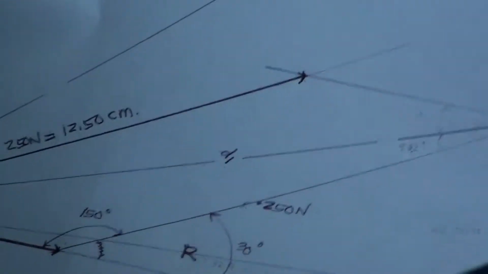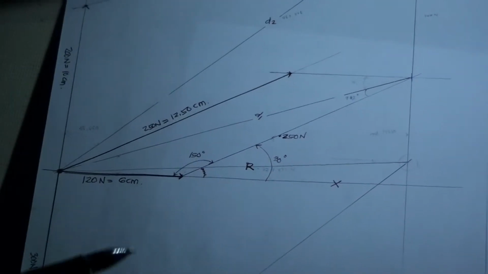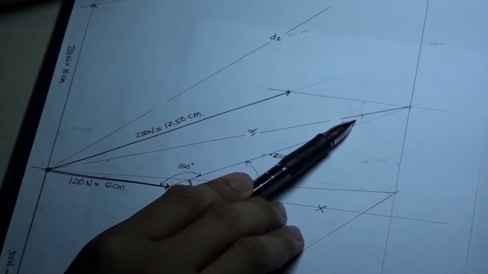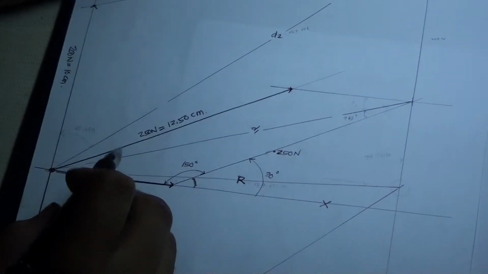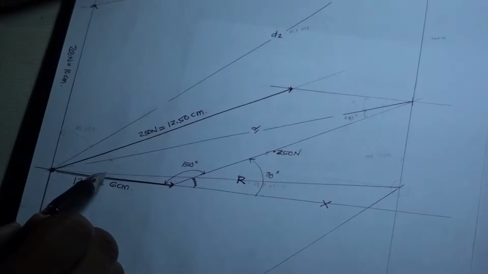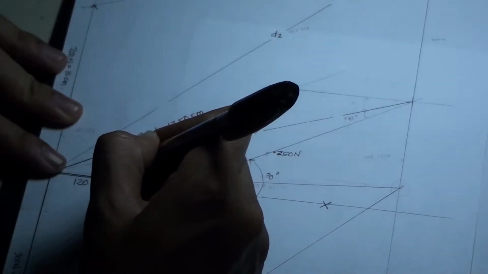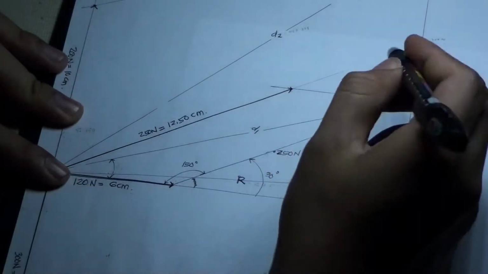Next, going back to the figure now, we're done with having this angle. Now we need to find out this angle too, because once we know this angle, this angle here is just equivalent to this angle.